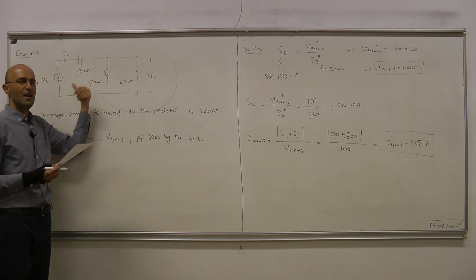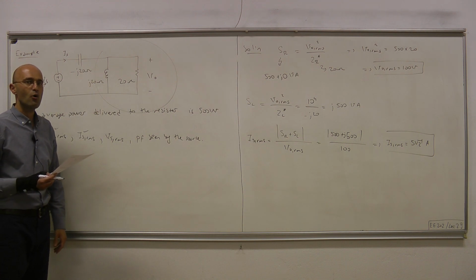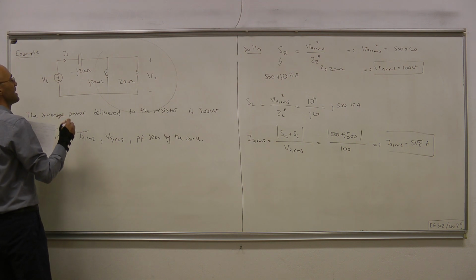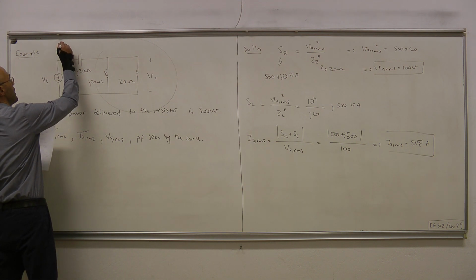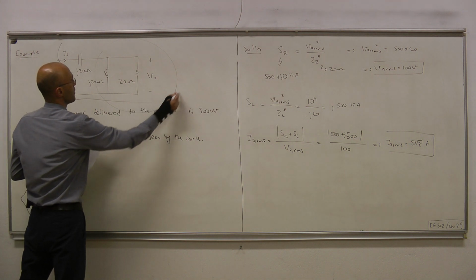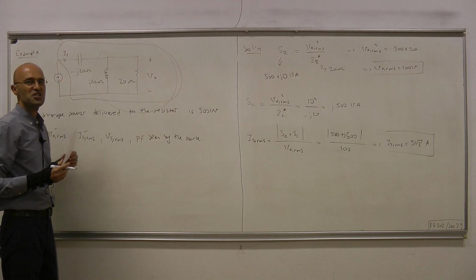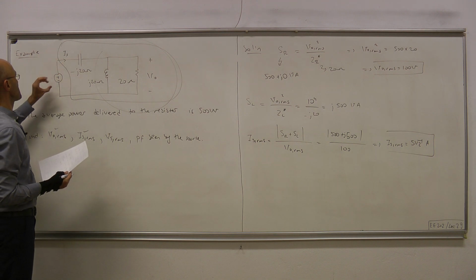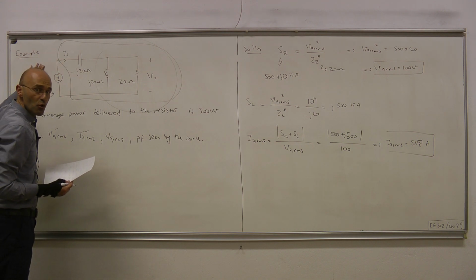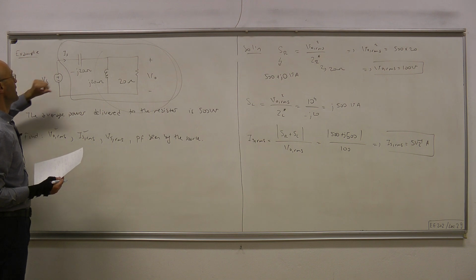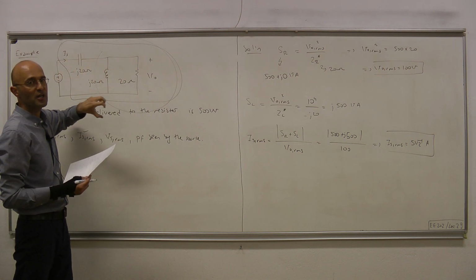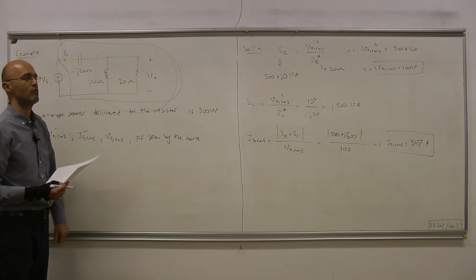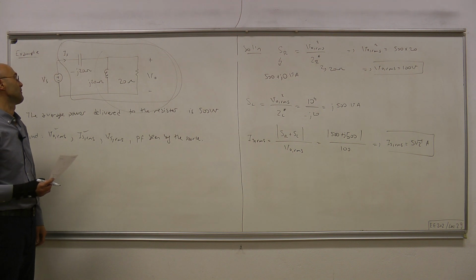Once that is computed, we can write down the complex power of the whole thing considered as a single load. Due to the conservation of complex power, the complex power delivered by the source must equal the complex power of the capacitor plus the inductor plus the resistor.